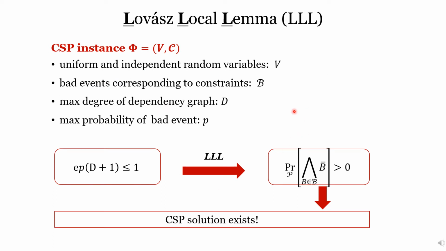The symmetric Lovász local lemma is as follows. If e p times (D plus 1) is no more than 1, then the probability that none of the bad events happens is larger than 0. Equivalently, the CSP instance has a solution.